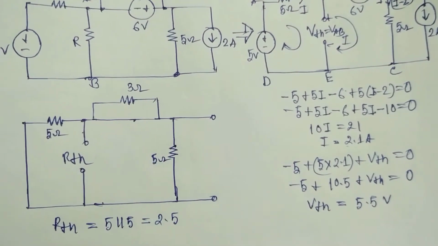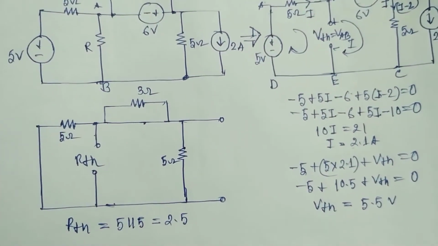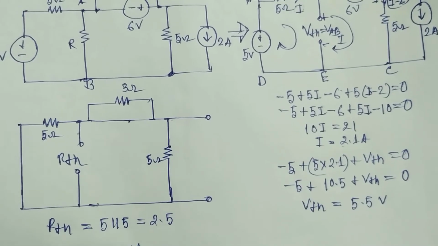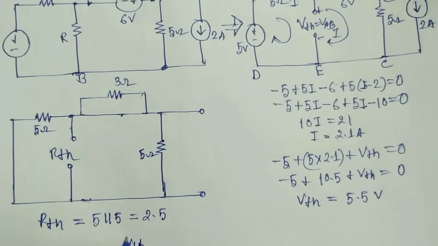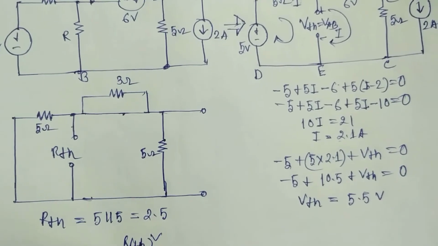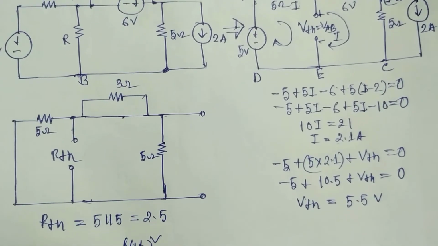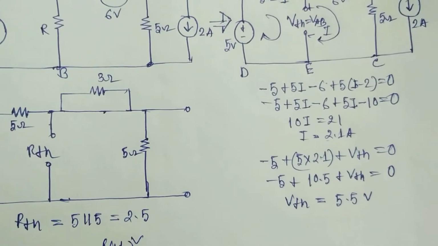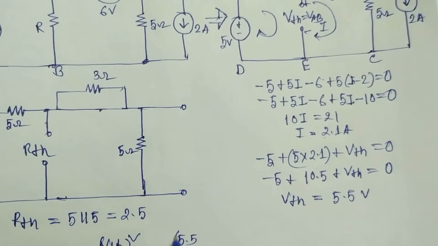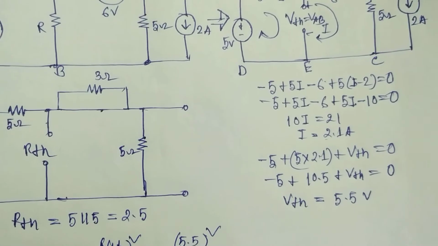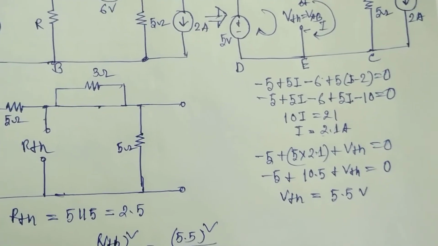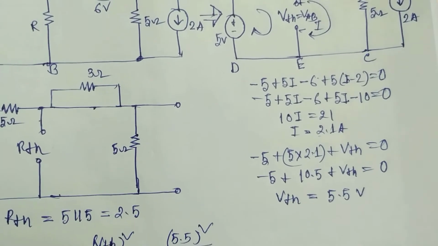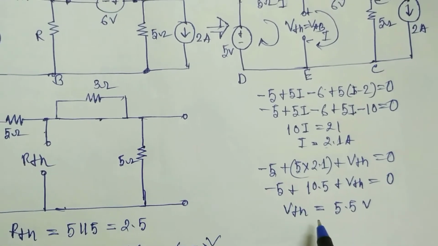Now Pmax will be VTH square by 4 RTH. Here VTH is 5.5, so 5.5 squared, divided by 4 into RTH.